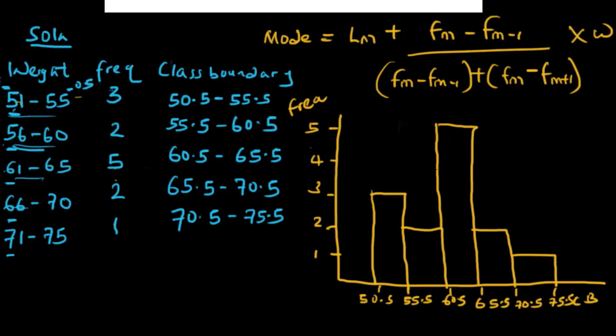Now if you look, it's obvious that the modal group is still this longest bar. Sure. But how do we find the mode itself, the real mode? Now the method to finding mode using the histogram is like this. Now watch carefully. So I'm going to join this part of the highest bar to the bar beside it.